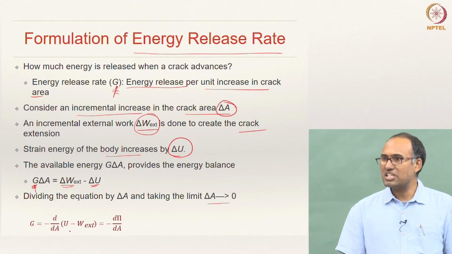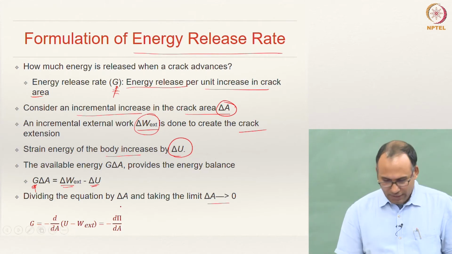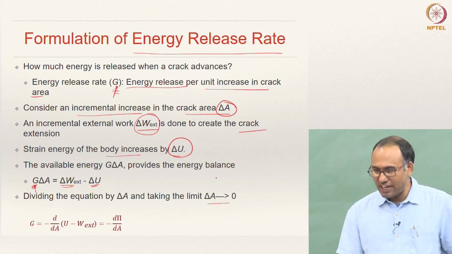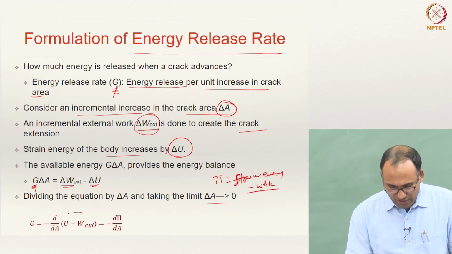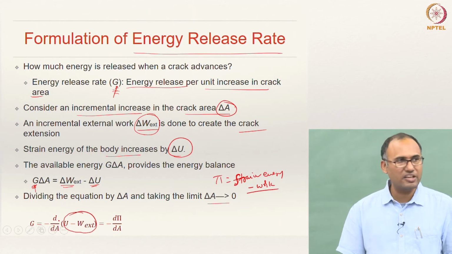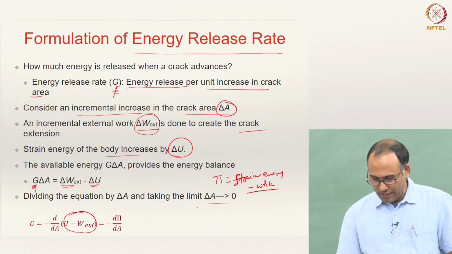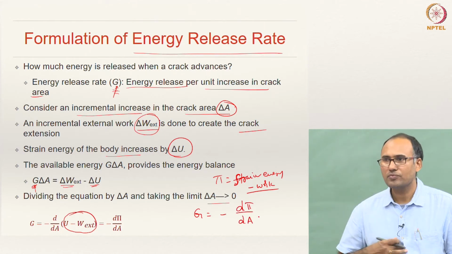The strain energy minus external work is the potential energy of the body. So the potential energy Pi is written as strain energy minus work done. Whatever is in this parenthesis is basically your potential energy. So you can write G equal to negative of d Pi over dA.